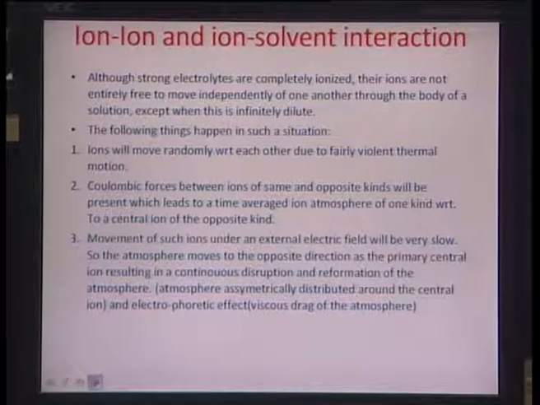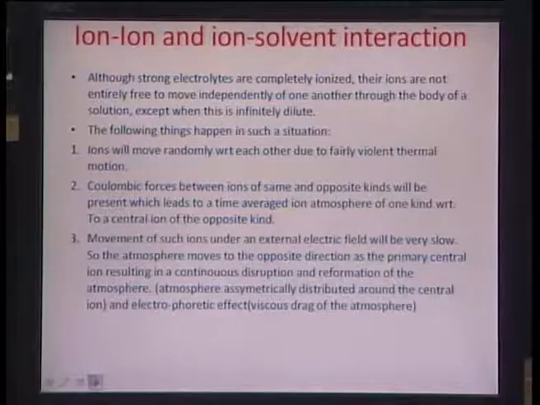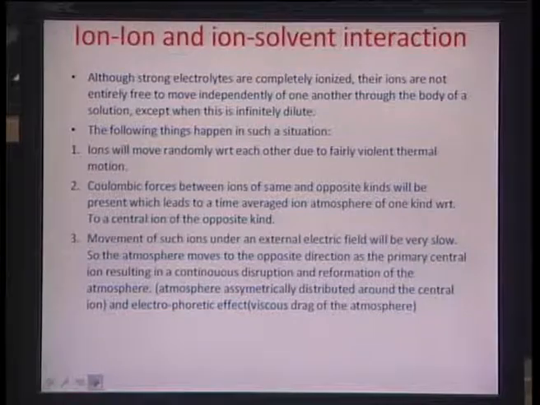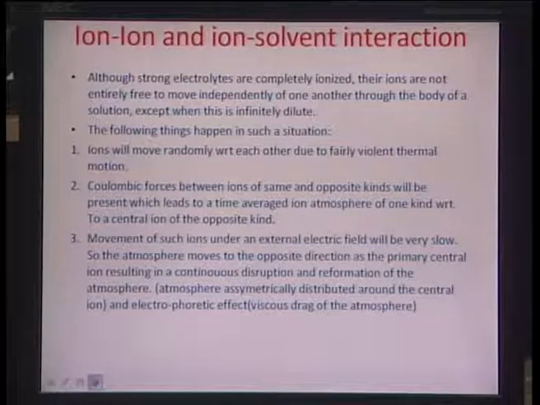So suppose there is a central ion which is let us say a positive ion, and you have a cloud of negative ions around it. So these would result into a time averaged effect because forces are continuously happening inside the solution. So under an electric field there would be a tendency of this counter ion cloud to go towards the negative electrode, because the counter ion is positive in this case, and the ion of interest, which is the negative ion, going towards the positive electrode.